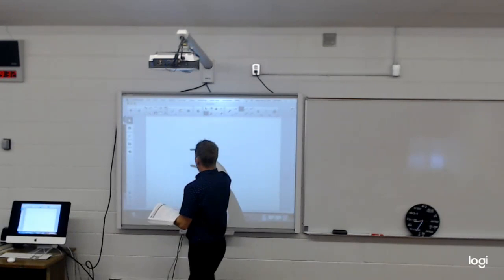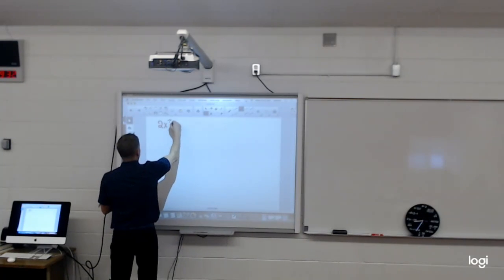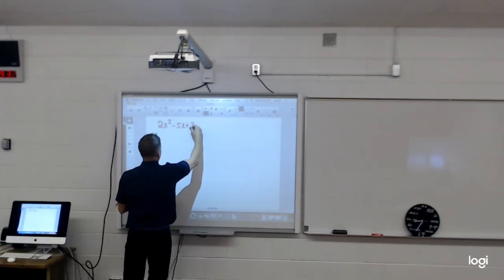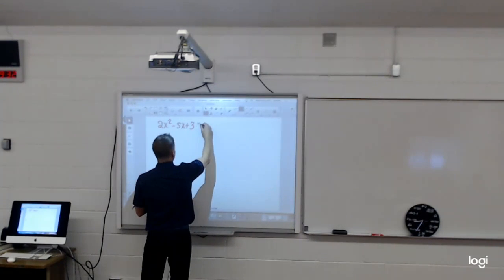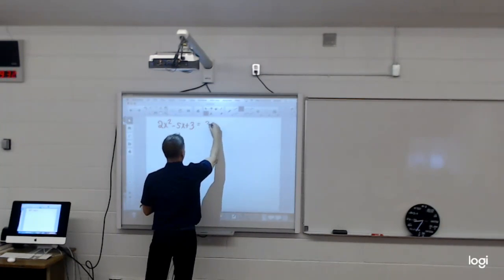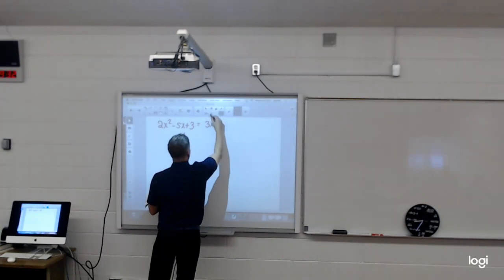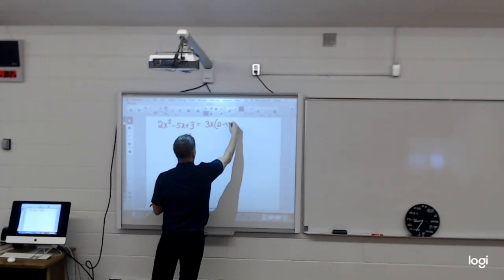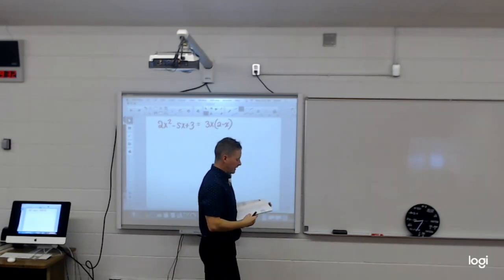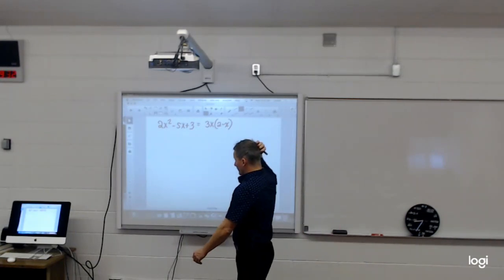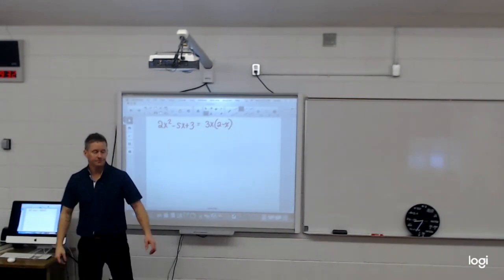Before you put anything into your calculator, I want to talk about this. So that's a quadratic equation, agreed? All right, we're not going to put anything into our equation just yet. Now, there are two ways in which we can solve this.